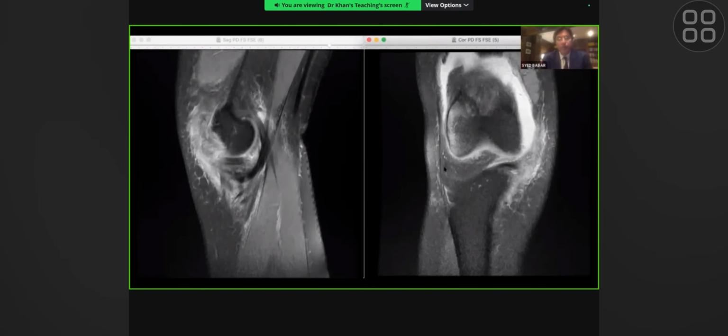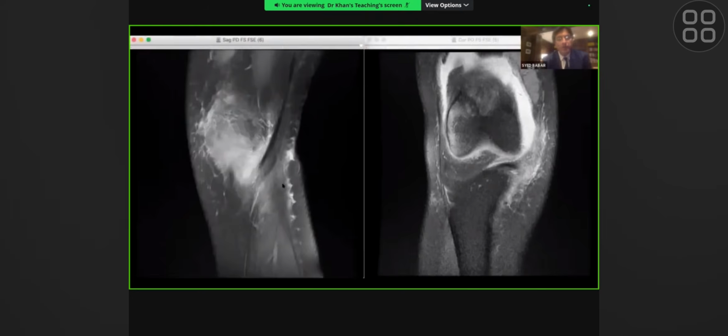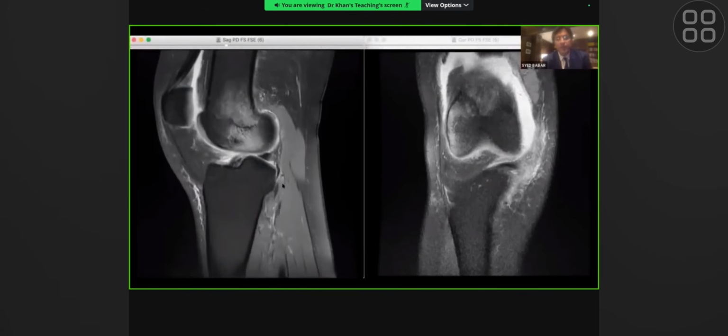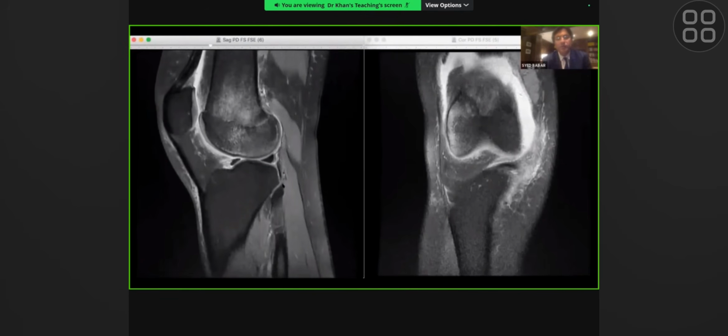However, if somebody had a dashboard injury, where would you expect the contusion to be? What does dashboard mean? Usually that would be patellar bone marrow edema with the anterior tibial. Probably not. And the reason for that is, remember, when you're sitting in the car, your knee is flexed.